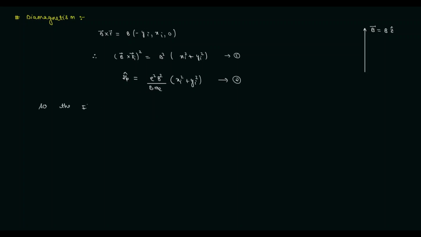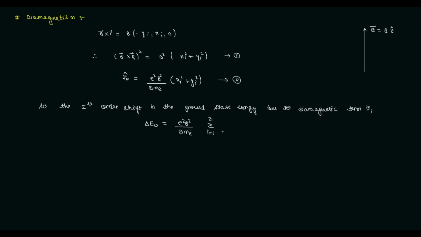So the first order shift in the ground state energy due to the diamagnetic term will become ΔE₀ equal to e²B² divided by 8m_e, and then summation over all these electrons, and then the expectation value of x_i² + y_i² on the ground state.